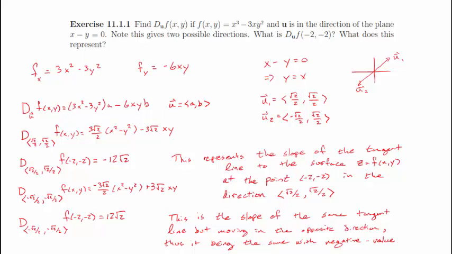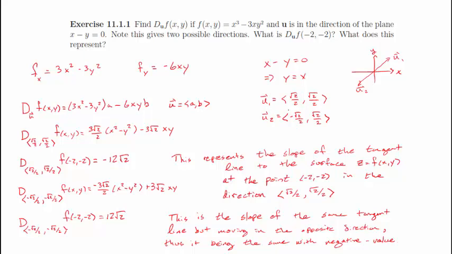I then think about what is my vector u. So if I'm looking at x minus y equals 0, this implies that y equals x. So if I'm looking down on the xy plane, then the y equals x line is going through the origin at a 45 degree angle, so u1 is pointing at the 45 in the first quadrant, and u2, I'm saying, is pointing at the 45 in the third quadrant.